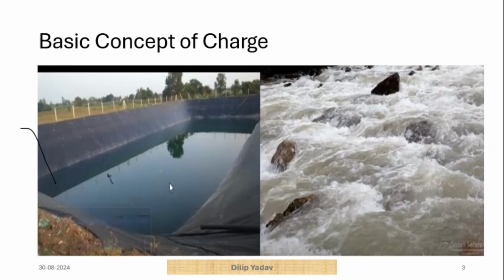So starting with this Coulomb charge, we can see two figures, figure number 1 and figure number 2. If this is Q1, this is Q2.